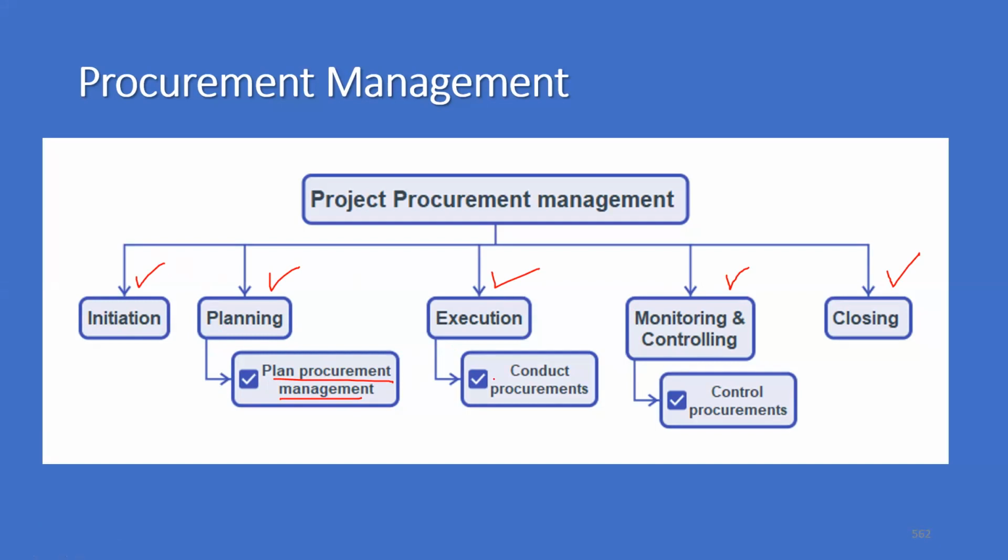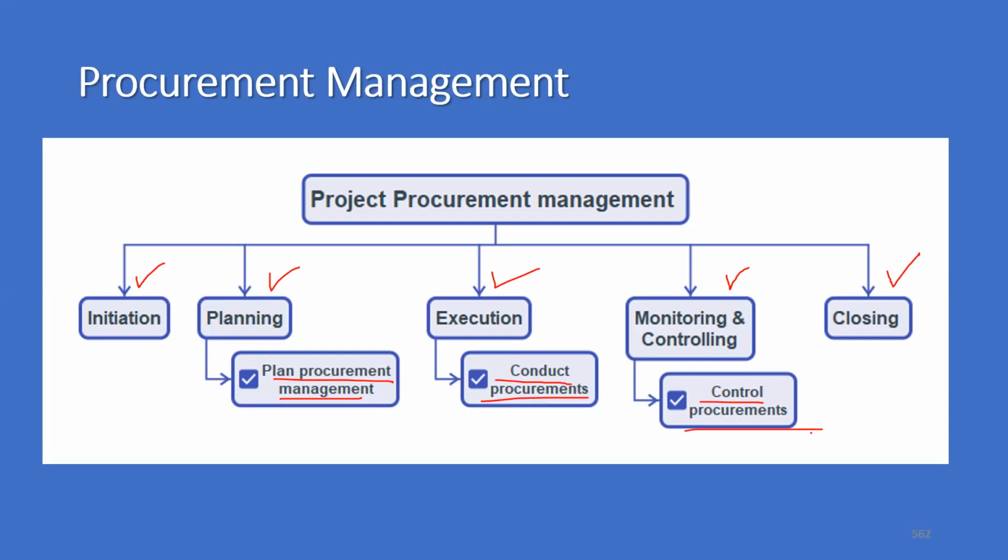Then during the execution phase, we really conduct procurements, and in the monitoring and controlling phase of the project, we monitor and control procurements, because sometimes some of the procurement items can be long lead items. If these items don't happen on time, or you don't receive them on time, then the project can slip.